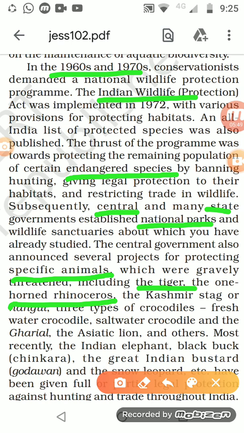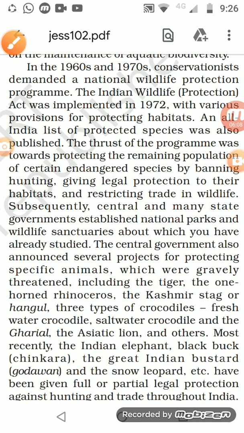Then you have the Kashmir stag or the hangul. Three types of crocodiles, the examples are given here, are animals on the brink of extinction: the saltwater crocodile, the gharial, the Asiatic lion and others.